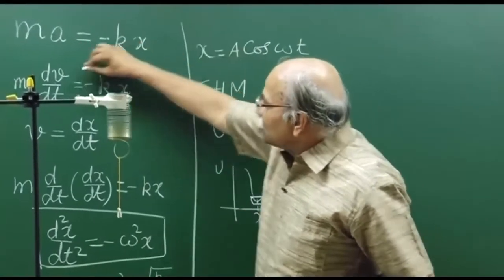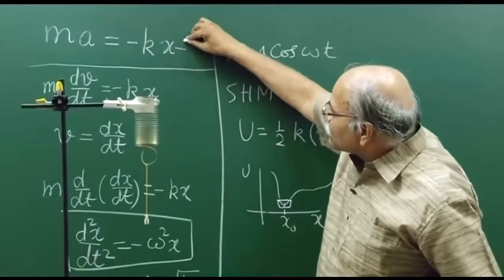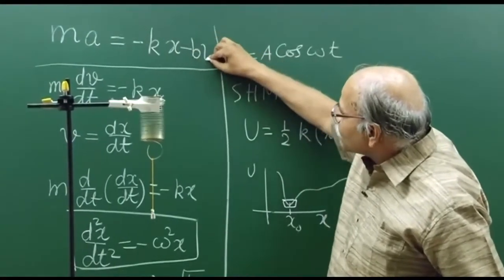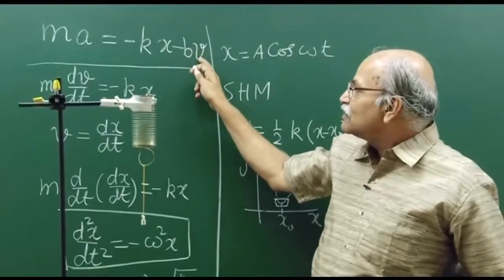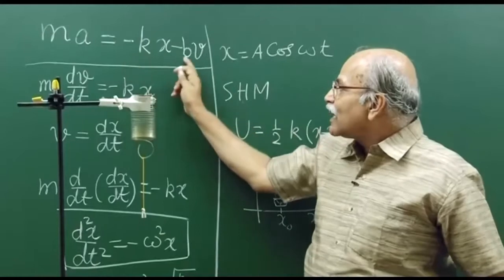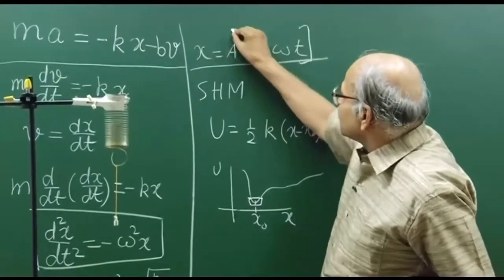One is that you add a term minus some constant times velocity. Quite often this resistive force is proportional to velocity. If you add that, then this changes. How does it change?